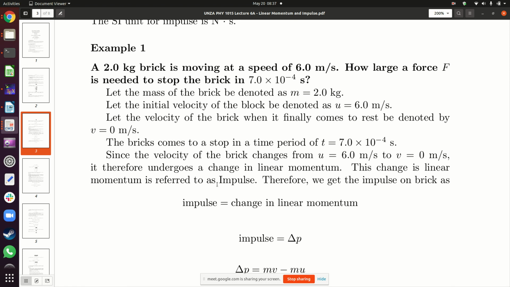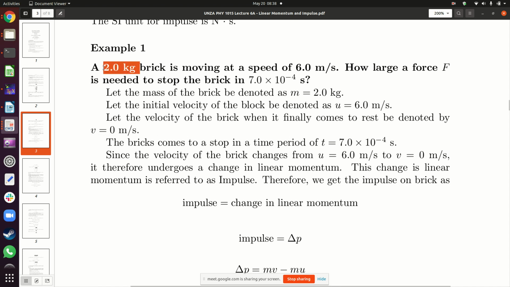Example number 1. A 2 kg block is moving at a speed of 6 meters per second. How large a force F is needed to stop the brick in 7 times 10 to the power minus 4 seconds? The mass of the brick is 2 kg.